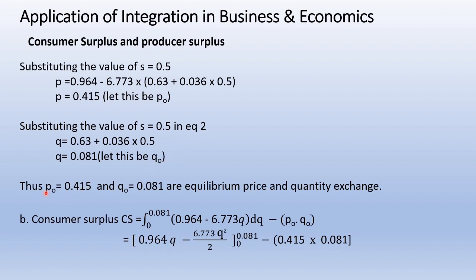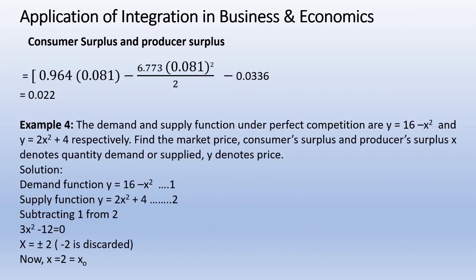Thus P naught is equal to 0.415 and Q naught is equal to 0.081 are equilibrium price and quantity exchange. B. Consumer surplus CS is integrating demand function 0.964 minus 6.773 Q from 0 to 0.081 minus P naught times Q naught, which is this, simplifying 0.022.